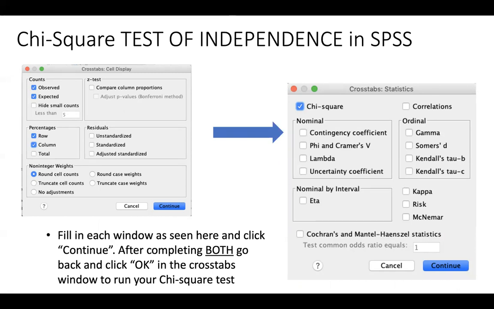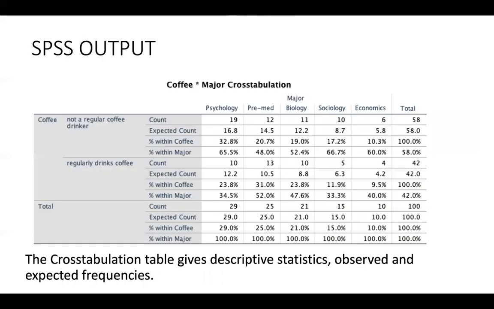A lot of it just shows you different things in your output, but it's all important to know. But really the most important part is the statistics. You want to select chi-square as your statistic because we have to report it for APA. So save this slide if you ever need to run a chi-square so that you know what to select. So this is the SPSS output.